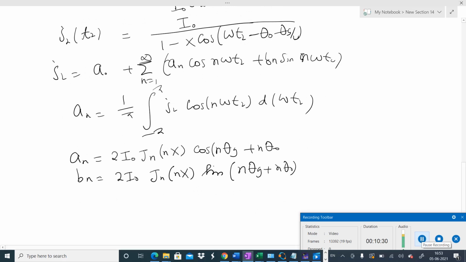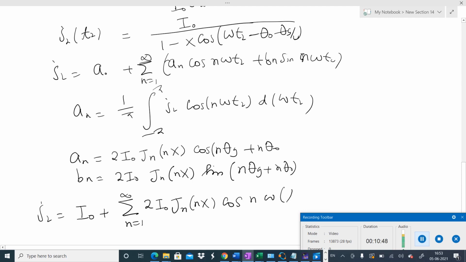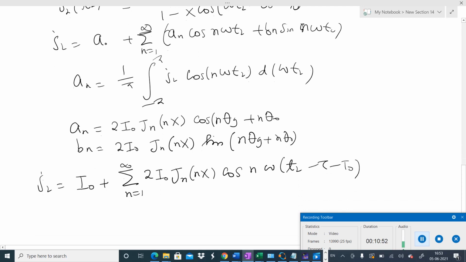Hence the current I2 can be expressed as I naught plus the summation from n equals 1 to infinity of 2I naught Jn of nx cos n omega of t2 minus tau minus t naught. All terms have been defined.